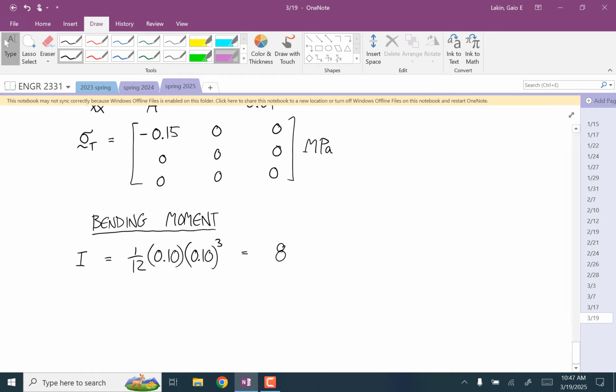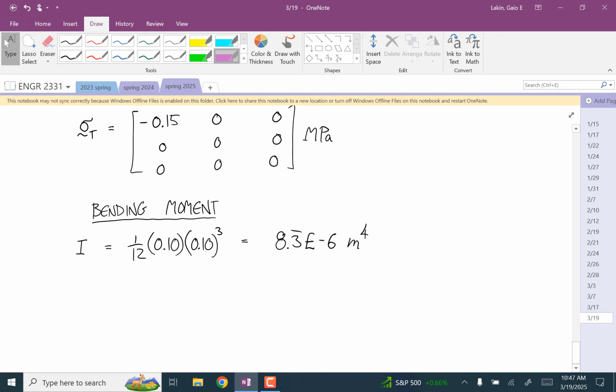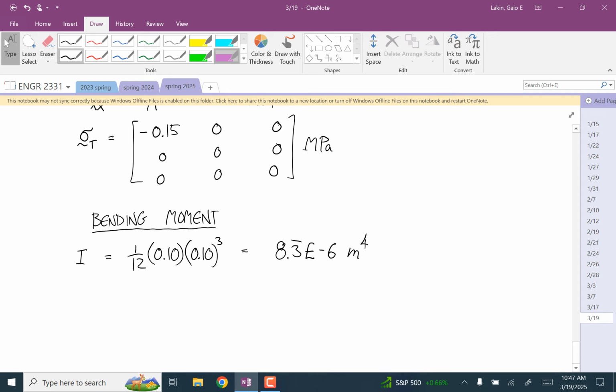And so that is 8.3 repeating times 10 to the minus 6th meters to the fourth. And now the formula for the stress due to the bending moment is negative M times y over I. We can trust the signs on this.